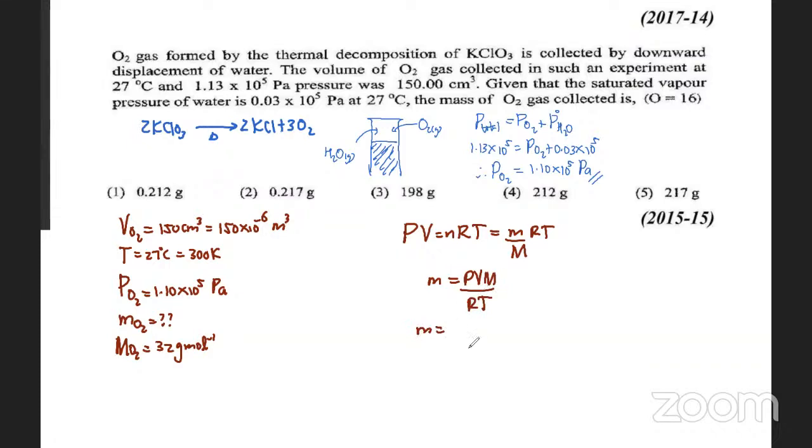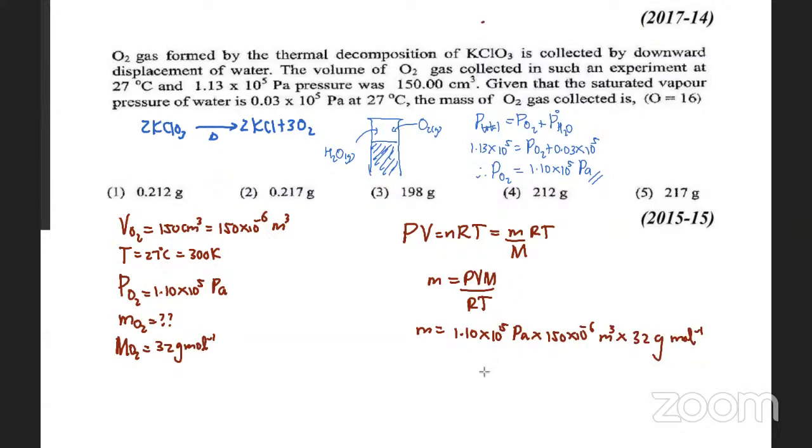For pressure you should put 1.01 into 10 to the power 5 Pascal, into volume 150 into 10 to the power minus 6 meter cube, into molar mass. Molar mass we can put 32 gram per mole, because the final answer is in grams, divided by RT.